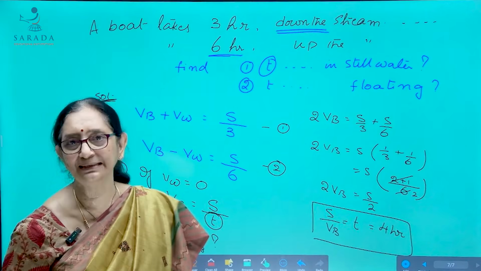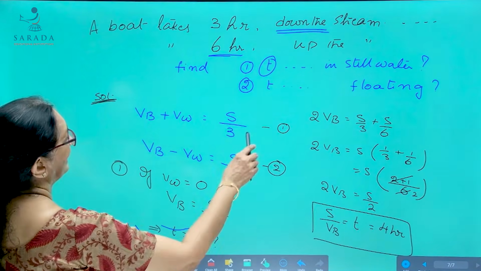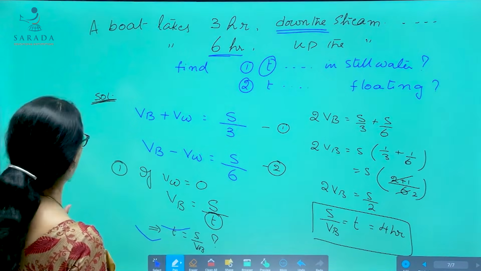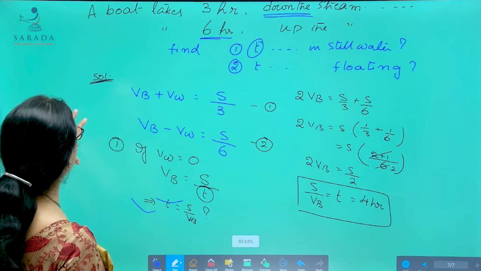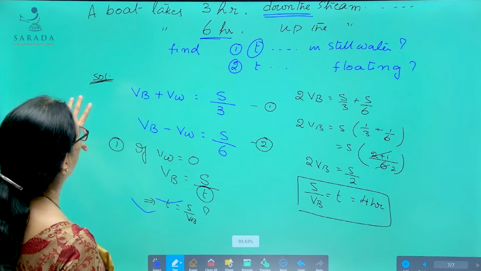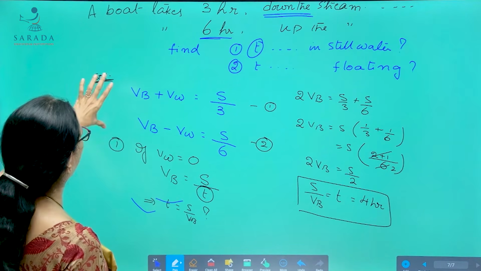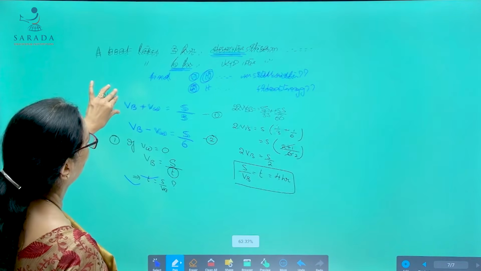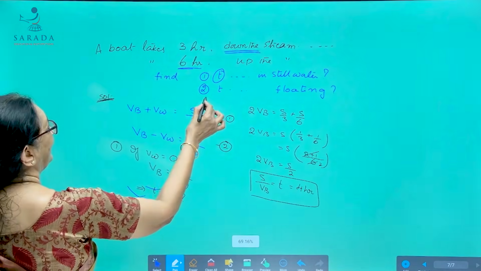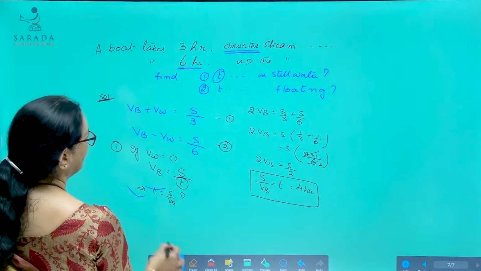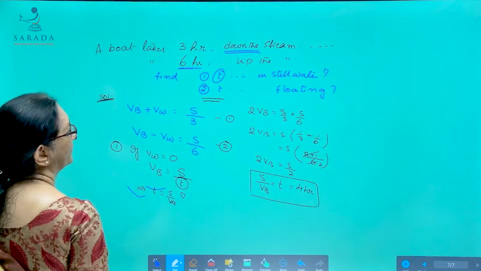Right? And the next thing is, what is asked? When the boat is floating, what is the time taken to cover the same distance? See, look here. This one.